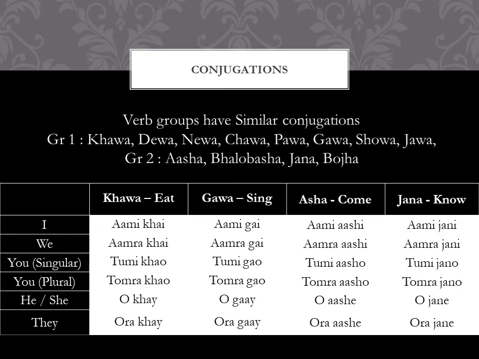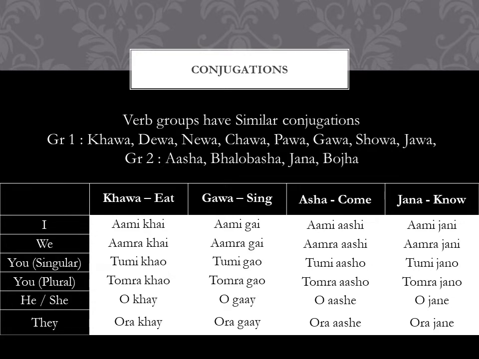Now, the second group of verbs are those where the verbs end in a as opposed to wa. In this group, we just change the last vowel, which is a, to e, o, and a. So group 1 ends in E, O, and I. Group 2 ends in E, O, and A.